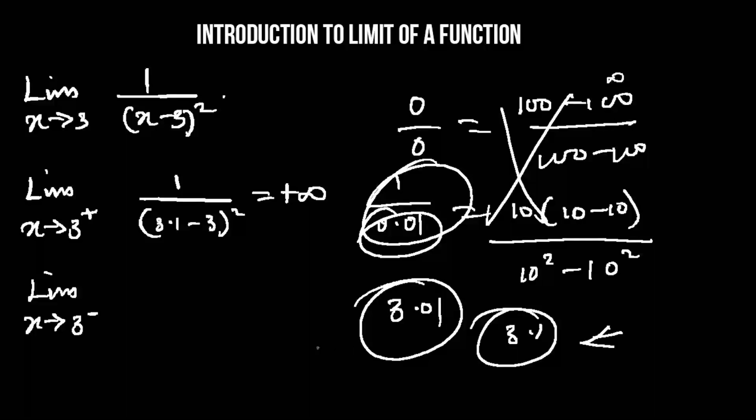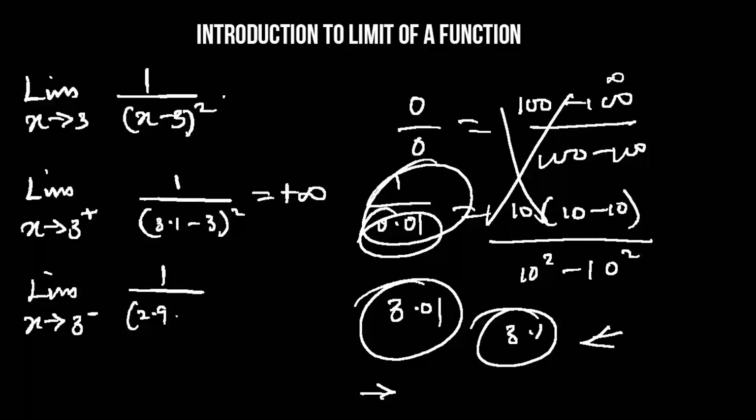Now, when it's approaching from the left hand side, it means we're going to consider some values that are closer to 3 but less than 3. But if it is approaching from the right hand side, we are considering some values that are closer to 3 but greater than 3. Are you getting where I'm coming from? So here now, I want to consider something like 2.9. Am I making sense?